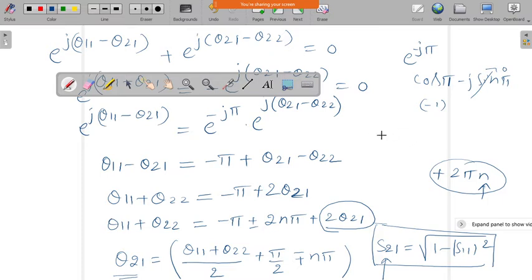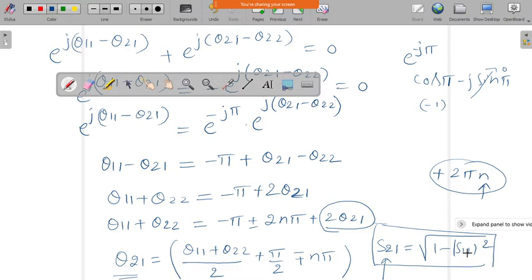Whatever is incident at the input port and whatever is reflected, you directly get S11. Once we know S11, we can get S21 easily. That is why we are expressing the other parameters in terms of S11. So this is about the analysis of the reciprocal and lossless network, which is symmetrical.